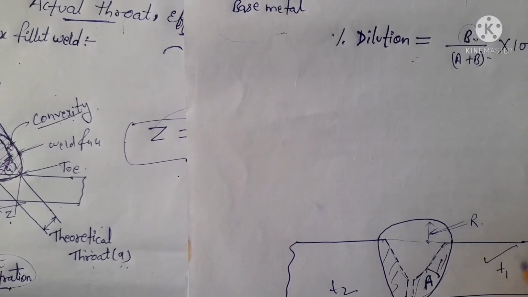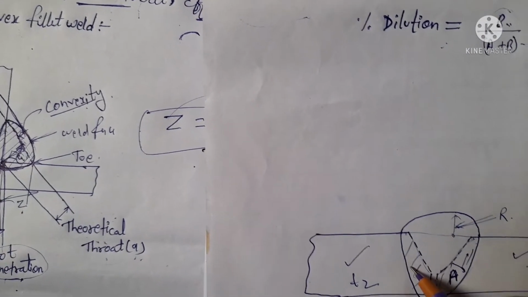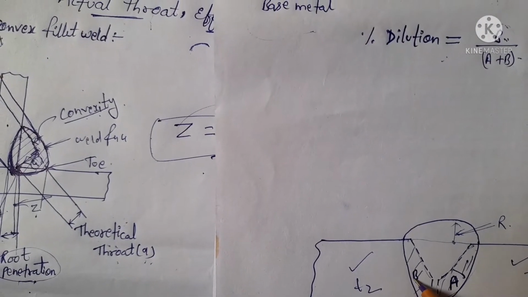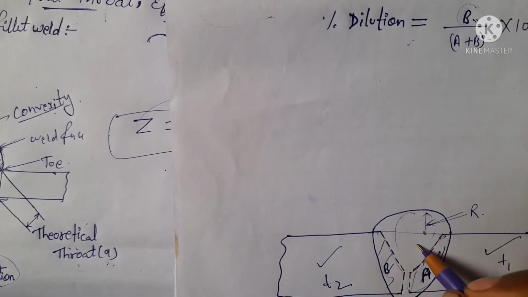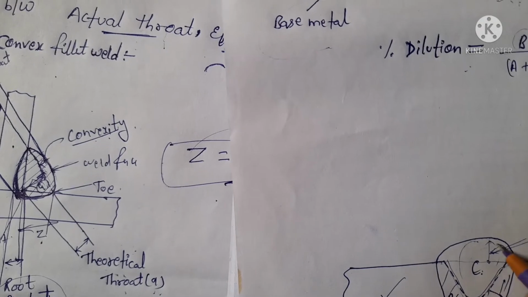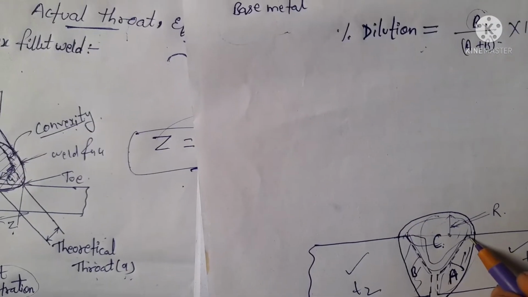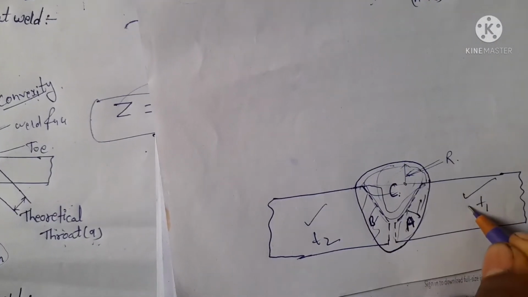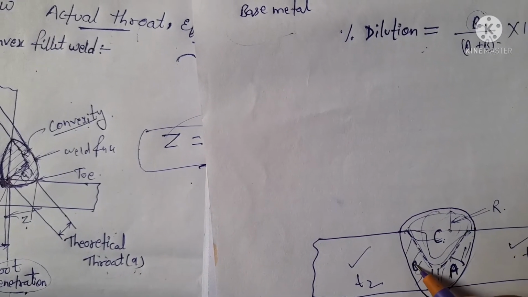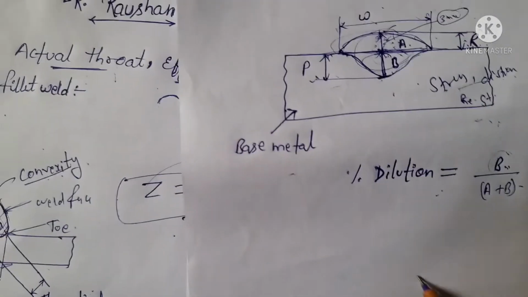This is one plate and this is another plate. So this portion is denoted by A and this portion by B, and the open area that is welded here is denoted by C. This is base metal A, this plate, and this is molten base metal B, the other plate.